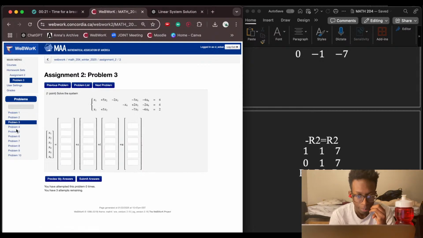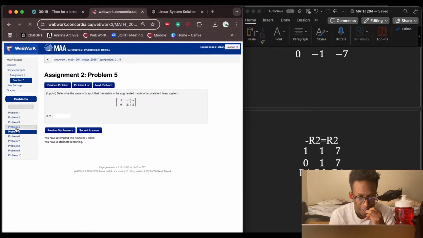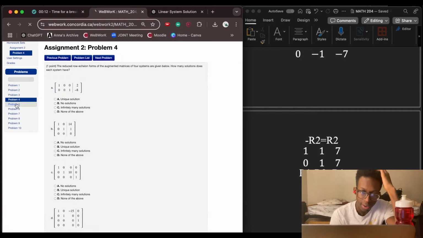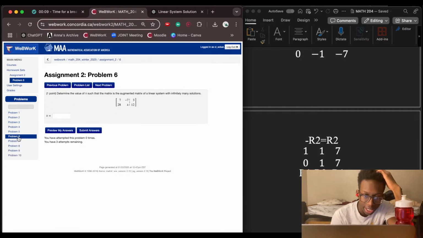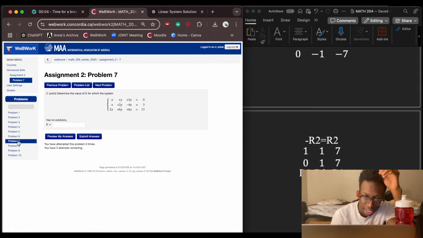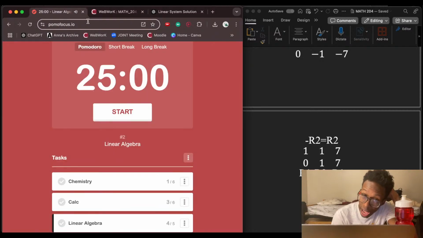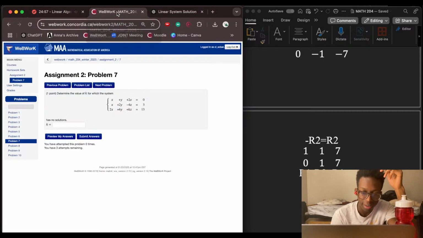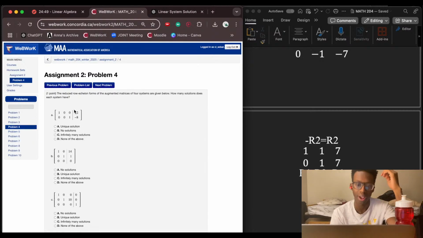Because there'll be 3. Okay, that makes sense. So over here, we'll do this question and we'll do the other ones, 5, 6, and 7. We're going into our 5th Pomodoro section based on this timer. So let's go to question 4 and just do the thing.